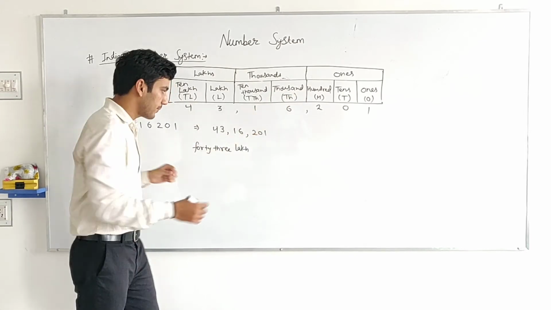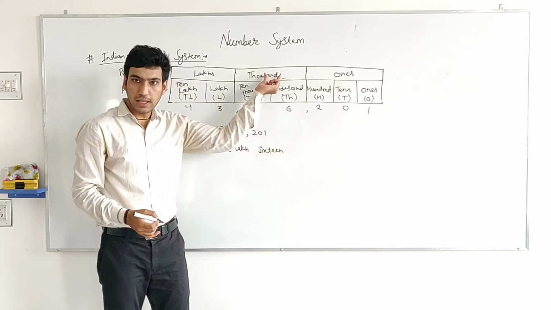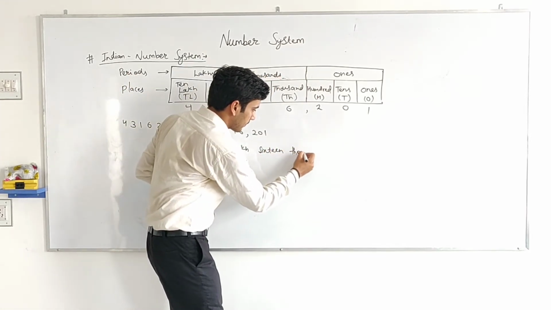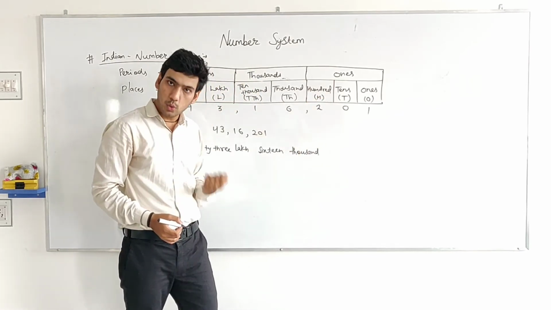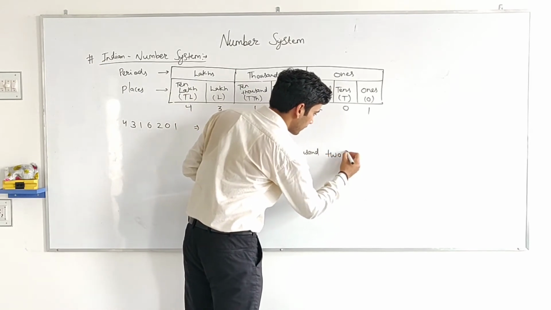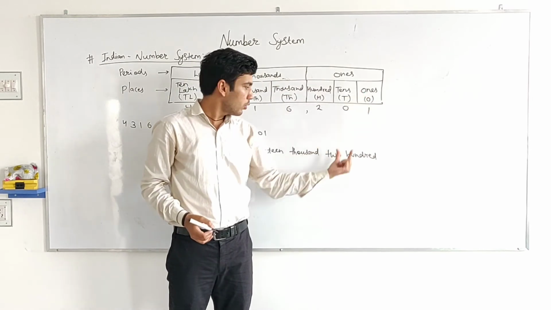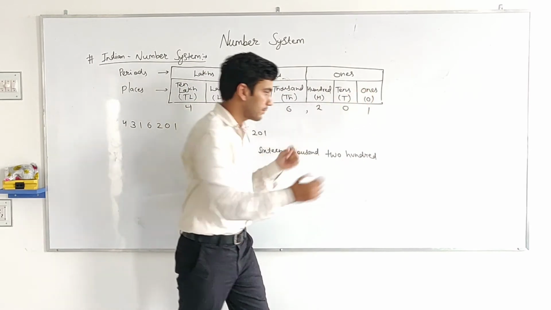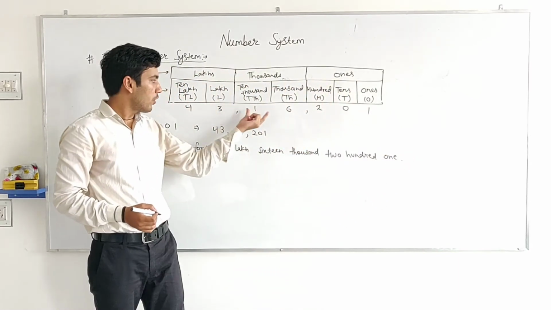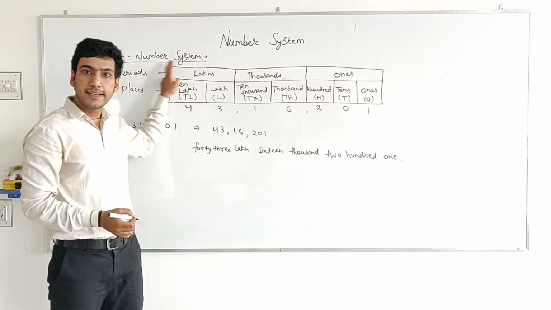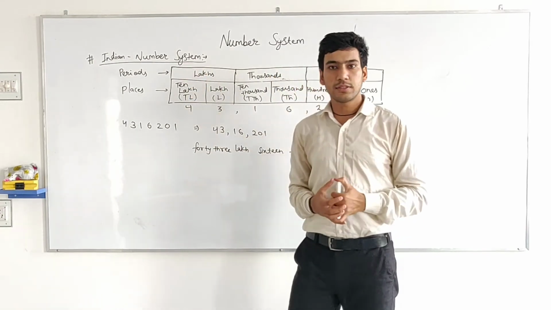So 16, 16,000. 2 is on my hundreds place, so 200. 1 is on my ones place, so 201. So this is the number name of this number according to Indian number system. So in this way you can represent any number in Indian number system.